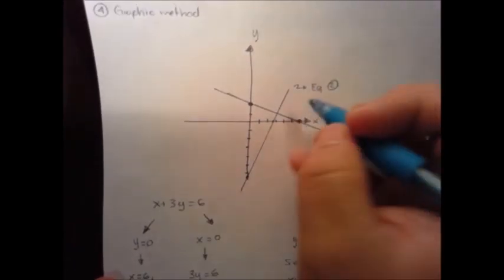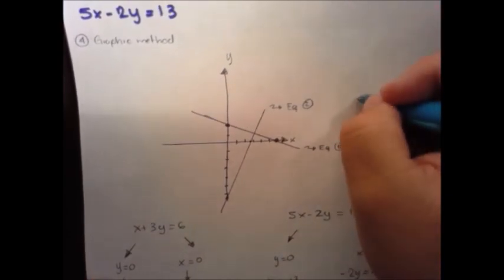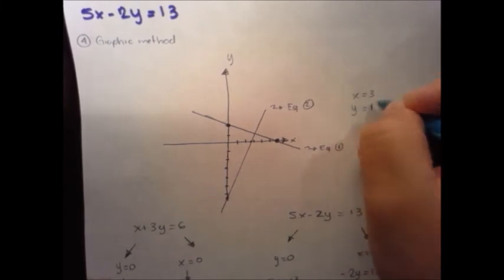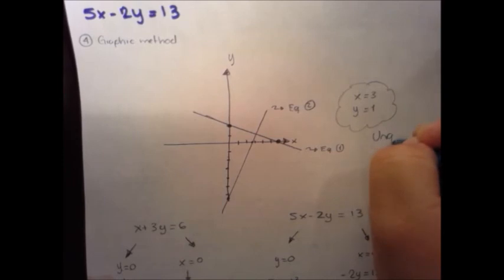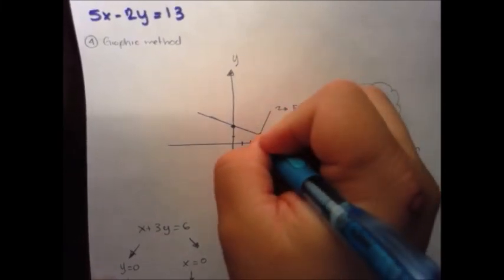As you can see, we have an intersection. Remember, what is the solution? We got x equal to 3, y equal to 1, and it was a unique solution. Remember, a unique solution is when we have one intersection.